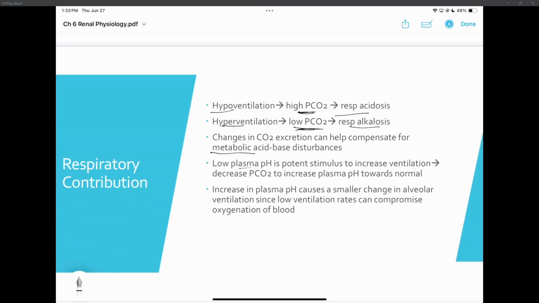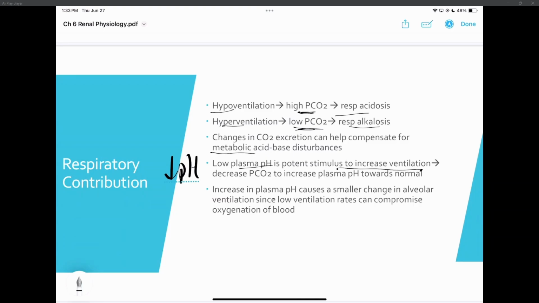Low plasma pH by itself will stimulate an increase in ventilation. Does that make sense? We have low pH, so we're acidic. We have to get rid of the acid. Let's blow off CO2. Increase ventilation, we start blowing off more CO2. We decrease the CO2 in the blood, and the acidity goes back down to normal.